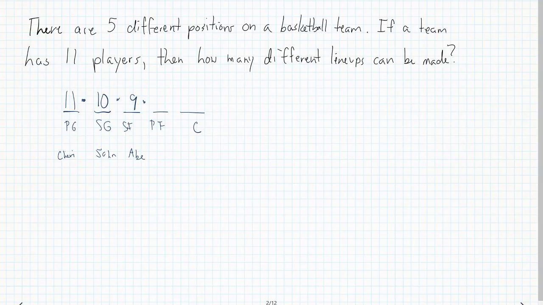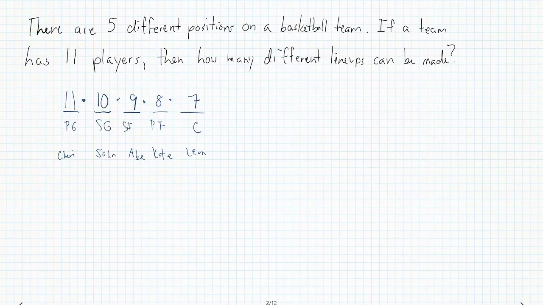So let me pick a different letter. Kate. So Kate is our choice in that position. And then last but not least, let's do Leon. So we have 7 there.